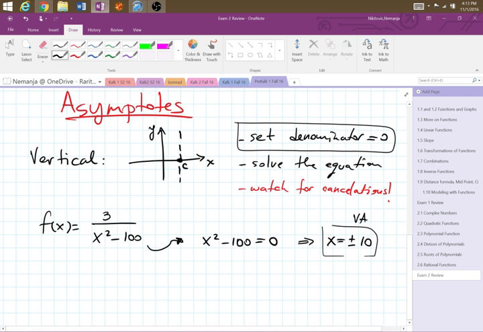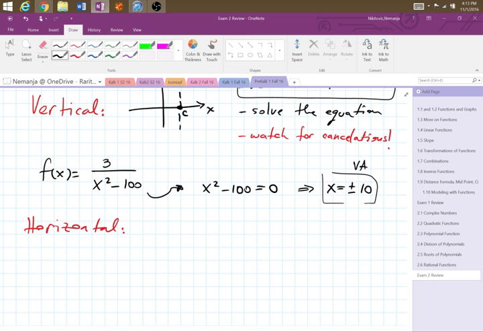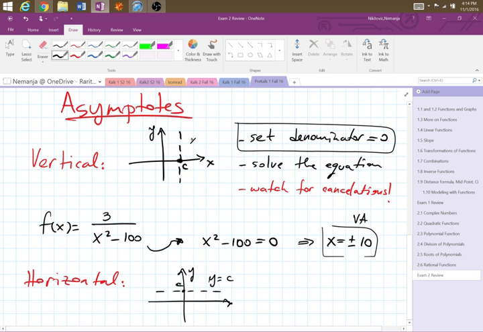Horizontal. So a horizontal asymptote is going to be a horizontal line somewhere on the grid, and that one will always have y equals a number, where this one was x equals a number, whatever number, we'll see.